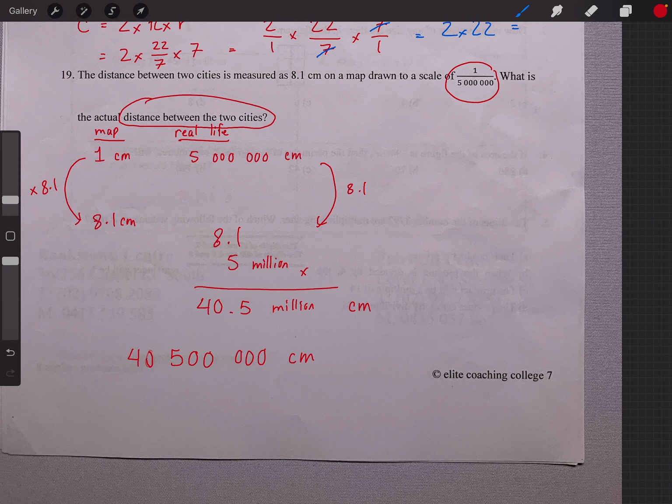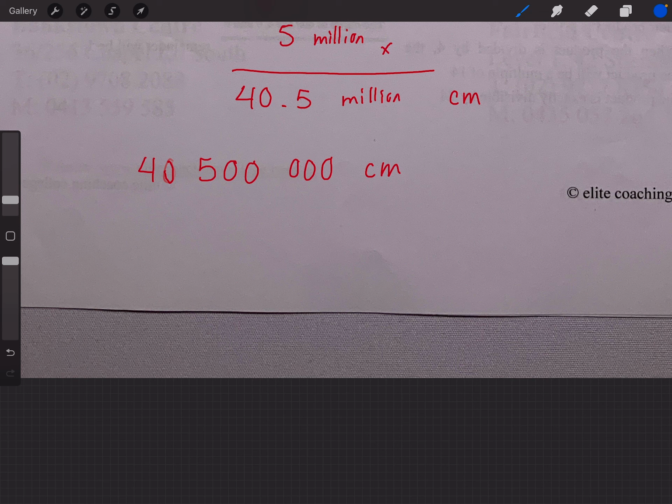Now we don't want to keep this number because when you're talking about the distance between two cities, usually we want it in kilometers. Nobody measures that in centimeters. So we should change this to kilometers. Let's go to meters first. To go to meters, we have to divide it by 100. So divide by 100, that gets rid of 2 zeros.